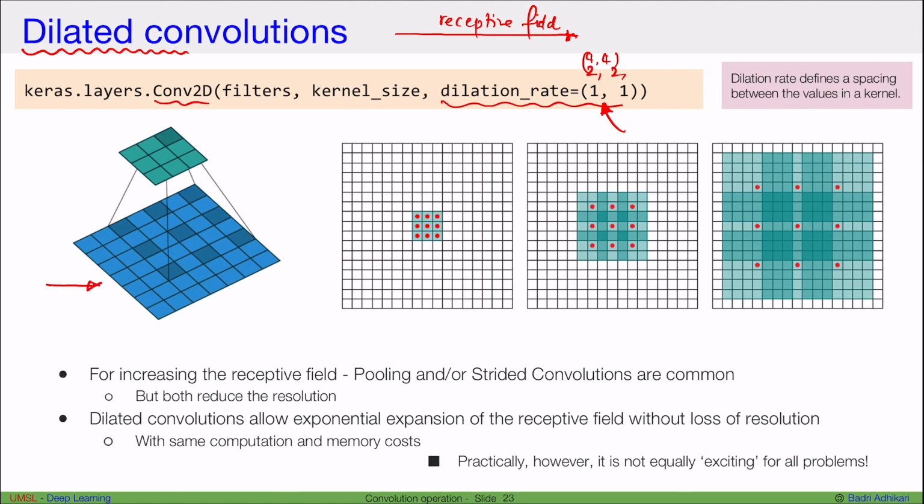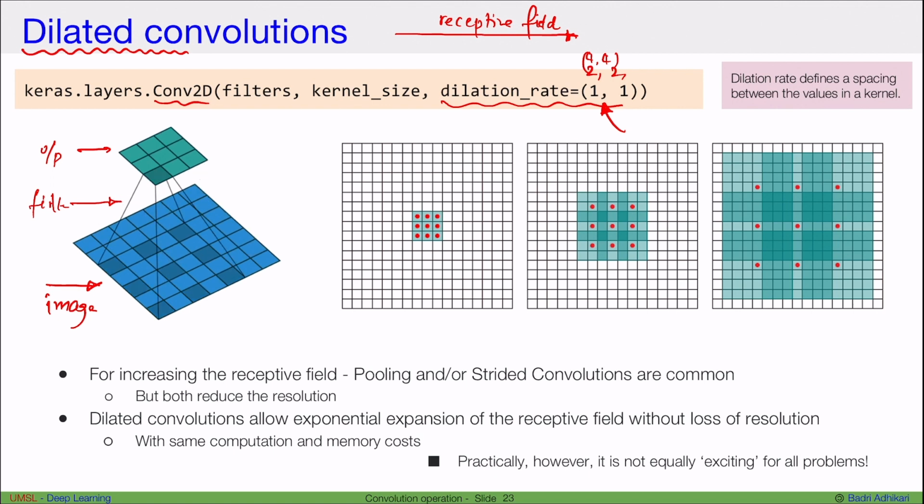Imagine that this is your input image, and this is your filter, the convolutional neuron, and here's your output. So far, what we have seen is the filter is a fixed 3 by 3 matrix that multiplies with the input.